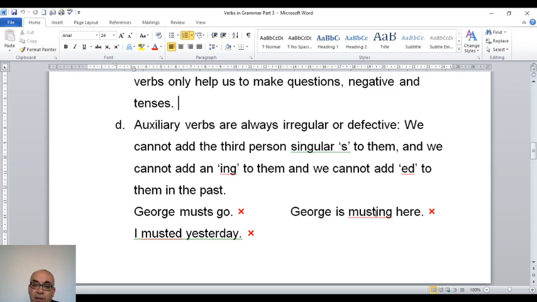So I cannot put s, ed, or ing on auxiliary verbs. It means they are defective. It means something is missing about them. They are different from main verbs. They don't follow the grammatical rules of main verbs.